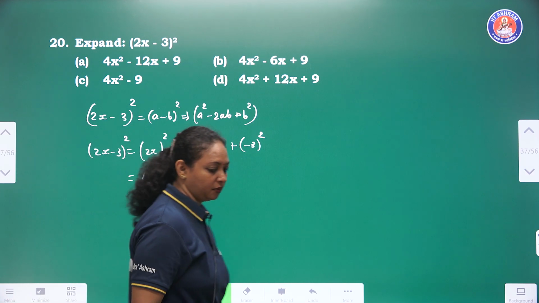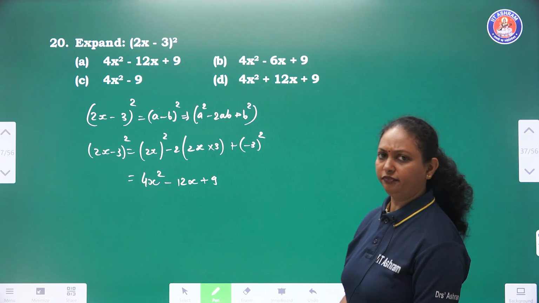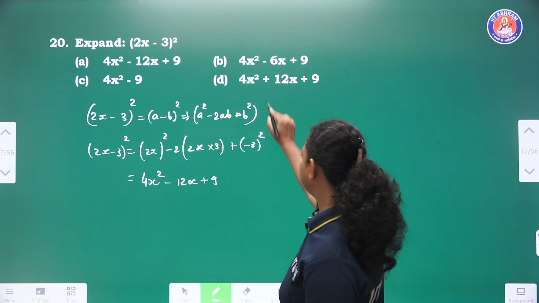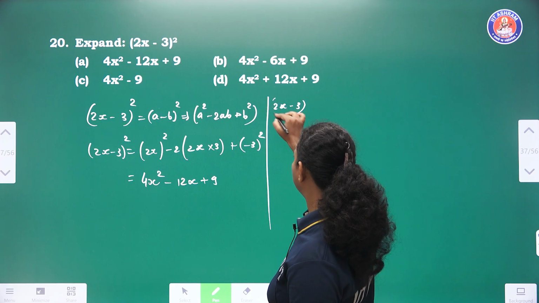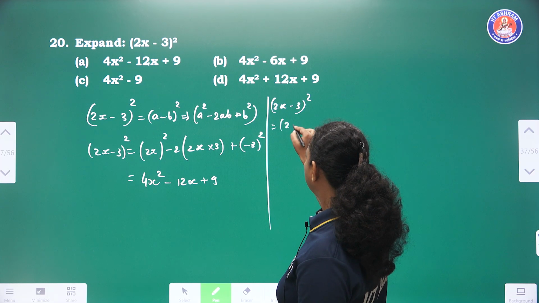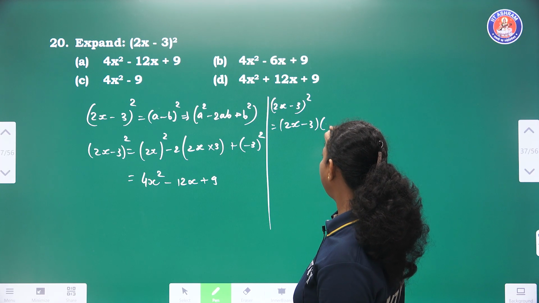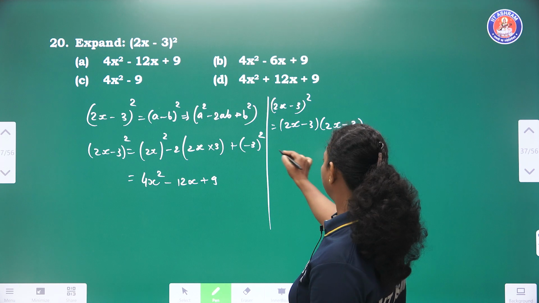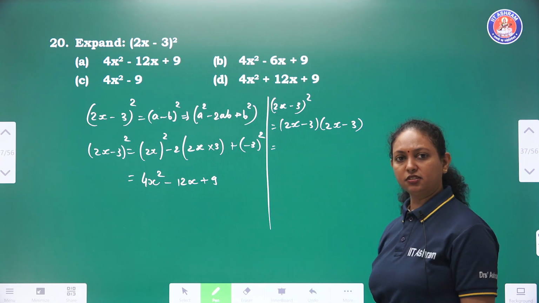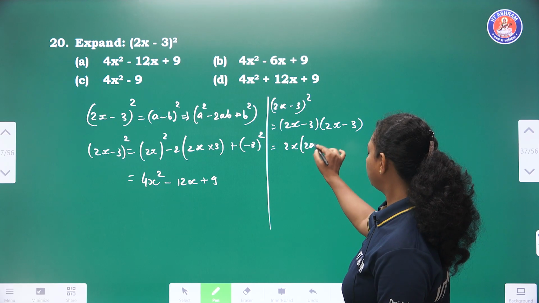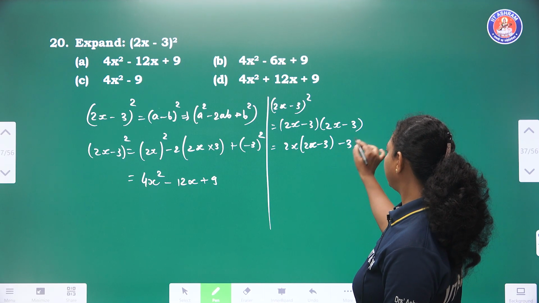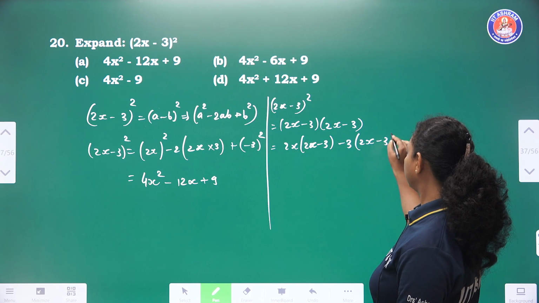Okay, this is done with the help of the identity. But if you do not remember the identity, then we will go with the simple thing. 2x minus 3 whole square means 2x minus 3 multiplied by itself 2 times. So we have written it like this. Now we use the distributive law. 2x will multiply by 2x minus 3, then minus 3 will multiply 2x minus 3.